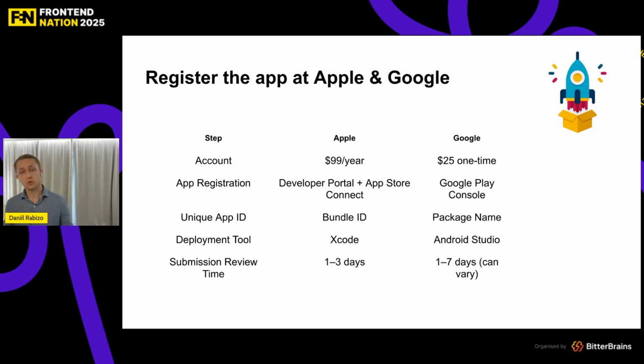But assuming you have started developing such an app, how do you deploy this application? So for this, you need two developer accounts at Apple and Google. You need to log in to the developer console of Apple and Google, and you have to define your application bundle ID and package name. This is the same story, just different namings.